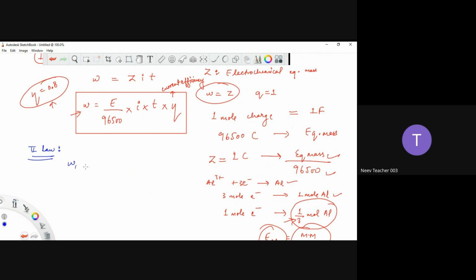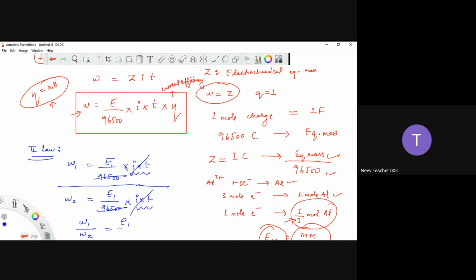The weight of one electrolyte will be W1 equal to E1 by 96500 into I into T. And the same charge passes through the second compound as well, so W2 will be E2 by 96500 into I into T. If the same charge is passed, it means IT is the same. If you take the ratio, the IT cancels out because it is the same, and 96500 cancels out. So the weights deposited have the same ratio as their equivalent masses. This is your second law.